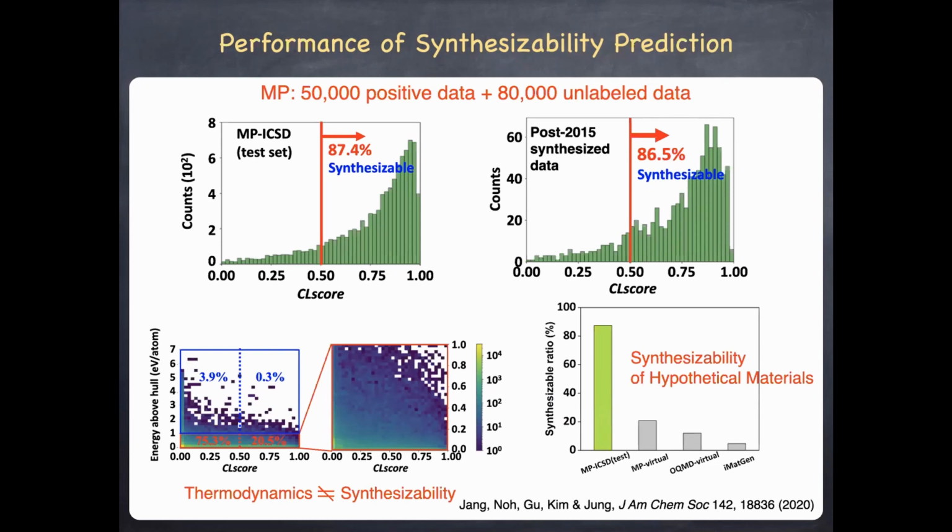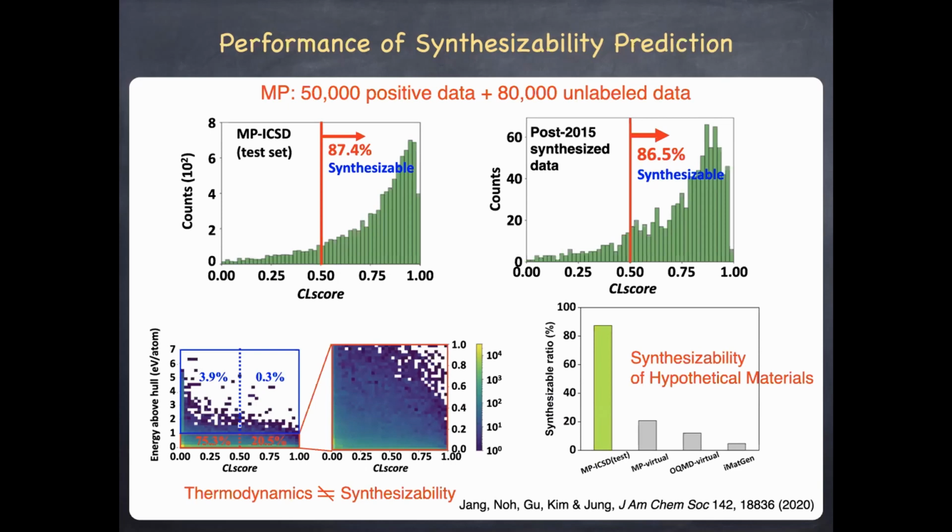And then you have 80,000 unlabeled data, meaning 80,000 materials that have been obtained using substitution of the existing synthesized materials, but you don't know whether they might be synthesized or not. So basically you have 50,000 positive data and 80,000 hypothetical data.